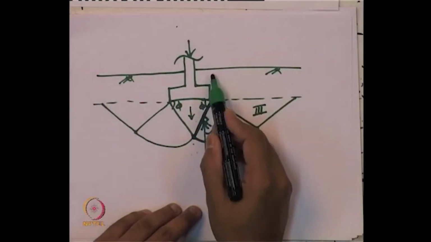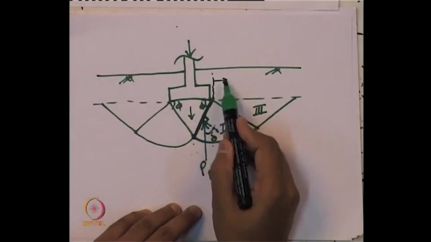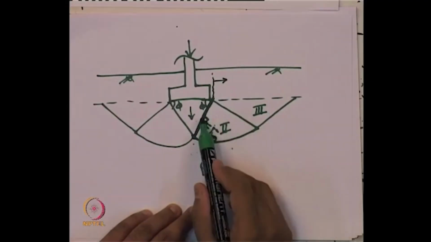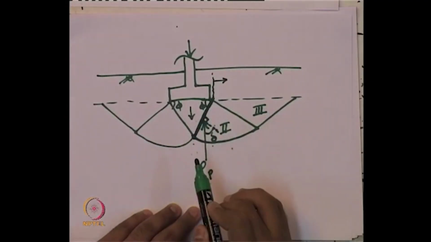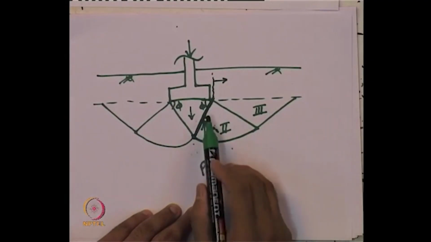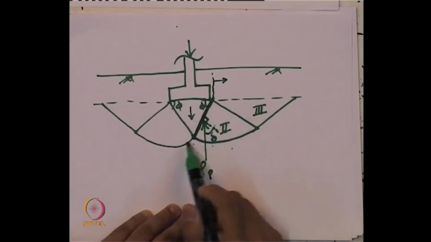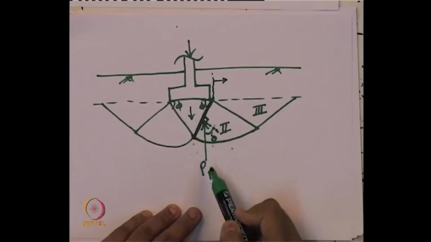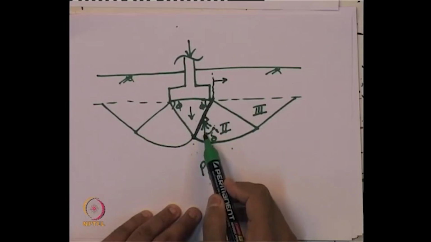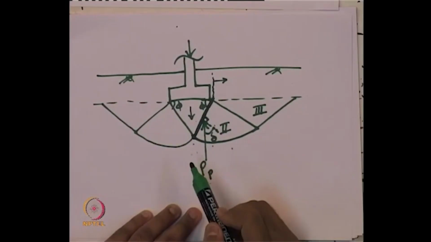So, this wall tends to move in this direction towards the backfill side. That is why it is a passive state of earth pressure. Clear? Why is it a passive state of earth pressure? Because this wall tends to move in this direction. Now, why is the passive earth pressure in this direction?